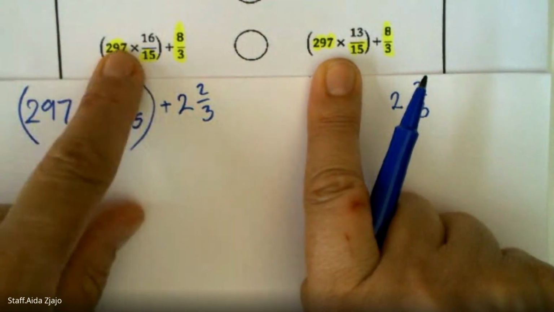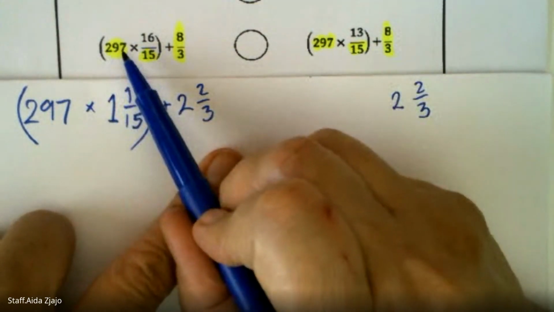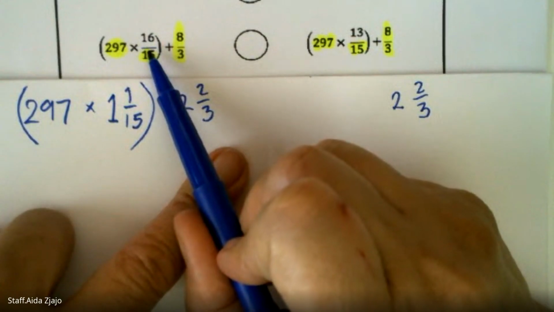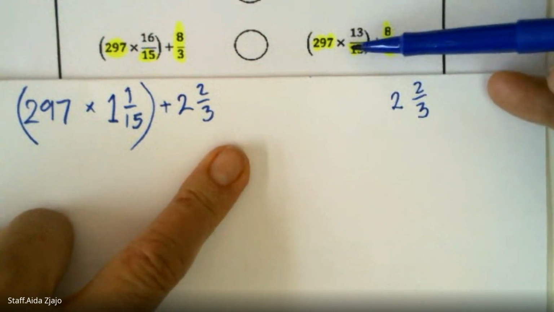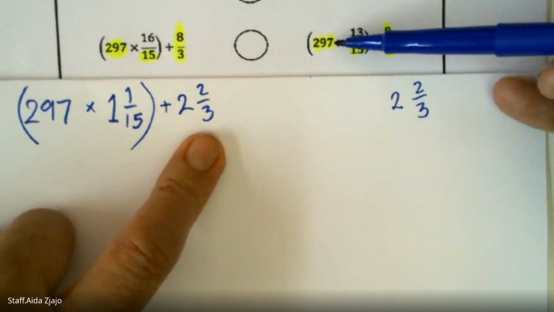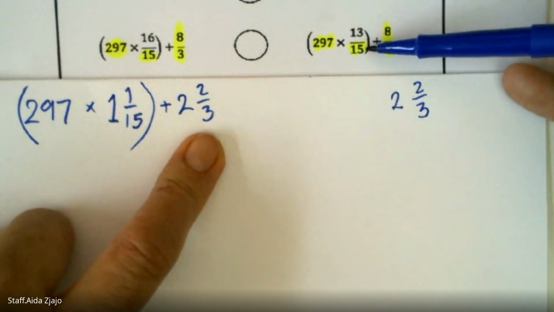So this product is going to be greater because it's 297 multiplied by a number greater than 1. And this one will be a lesser product because it's 297 multiplied by a number that is less than 1.